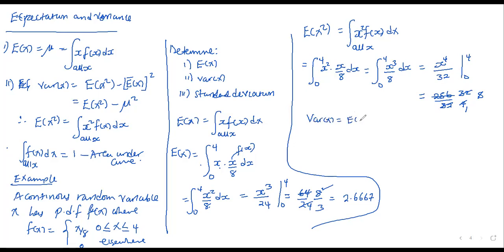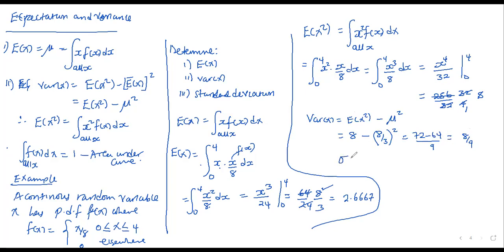So, to get the variance, it's got from expectation of x squared minus the mean squared, which gives us 8 minus 8 over 3 squared, which gives 72 minus 64 over 9, which gives 8 over 9.